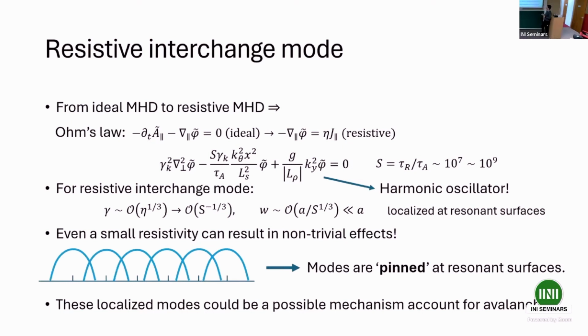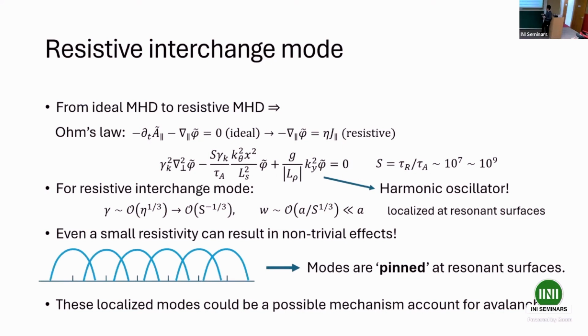So if we consider resistivity, we transition from ideal MHD to resistive MHD. Basically, we just change the Ohm's law and finally get this eigenvalue equation for the resistive interchange mode. As we can see here, the Lundquist number, which is the ratio of the resistive diffusion time to the Alfvén time, is very large. But as I just said, the resistivity still has a non-trivial effect.